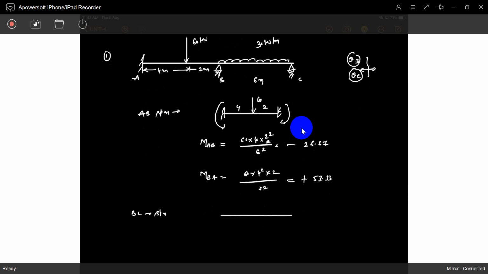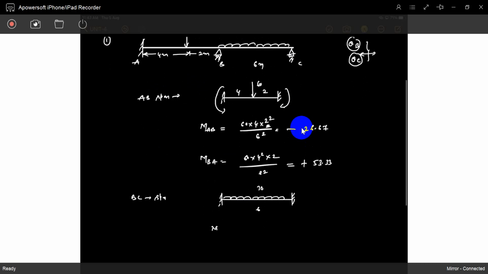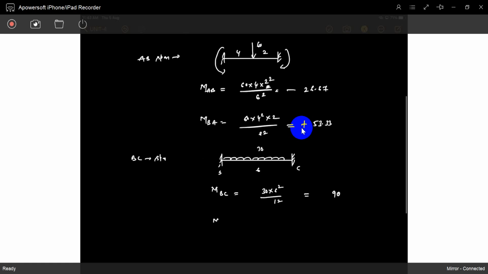This is the span, 36. So MBC is what? W L square by 12. What is that value? That value is 90. So MCB is also 90, but MBC is negative and MCB is positive.